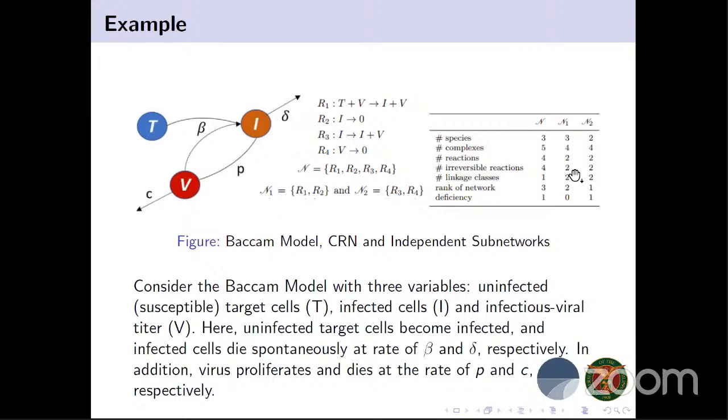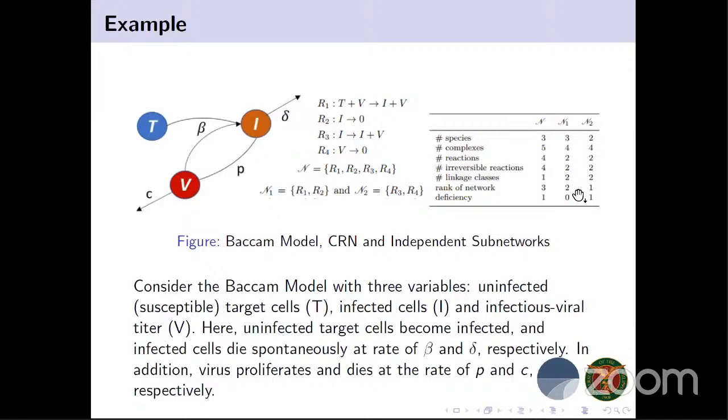As you can see here, the rank of the network, so you have 2 plus 1. These are the two subnetworks, N1 and N2. The corresponding stoichiometric subspaces have dimensions 2 and 1 respectively. 2 plus 1 is equal to 3. So 3 is the stoichiometric subspace dimension of the whole network.